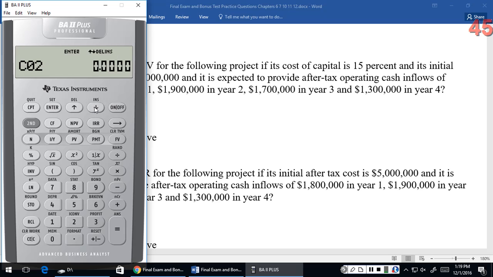So I'm going to go to cash flow 2, which is 1.9 million. Press the enter key. Down arrow, cash flow 3, which is 1.7 million. And then cash flow 4, which is 1.3 million.